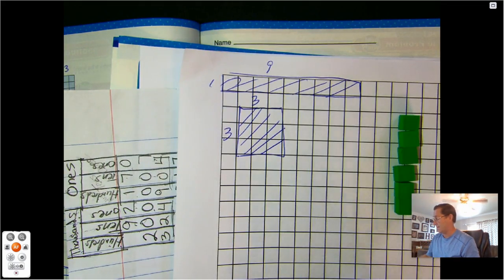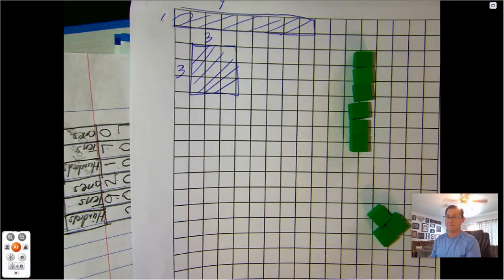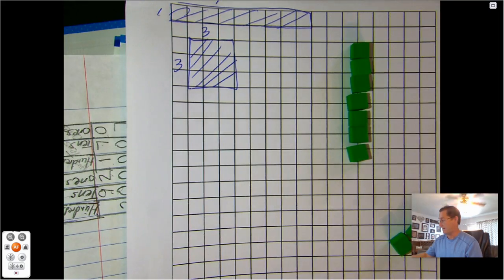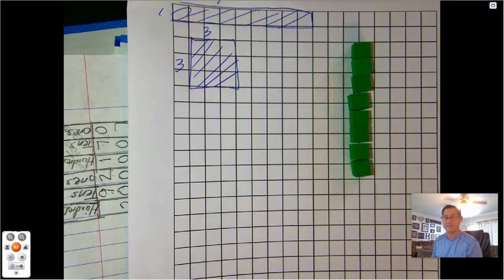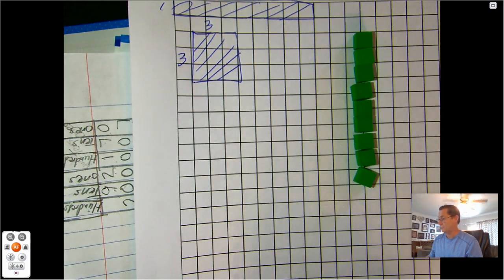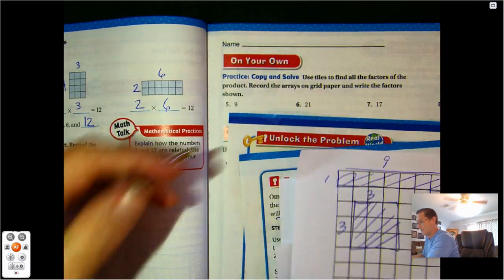So that won't work. 7 is the same situation. There's 7, and I have 2 left over. I could go 8, and that leaves me 1. I go 9, well, already have that. So the factors of 9 are 1, 3, and 9.